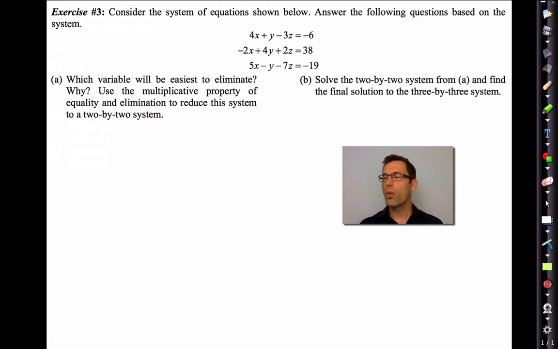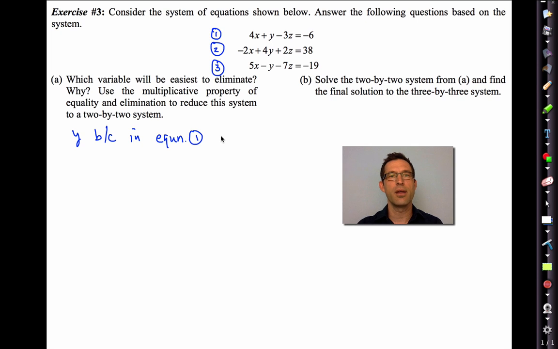All right. Well, in my mind, the easiest variable to eliminate will be the variable y. And that's because in equation 1, and I'm going to label them now, 1, 2, it's good to label your equations.